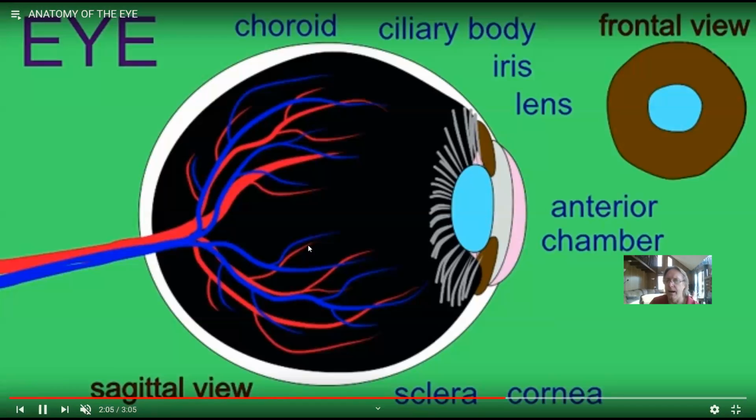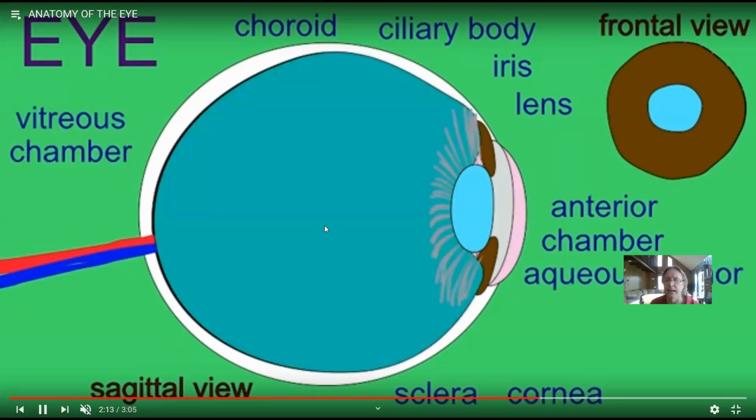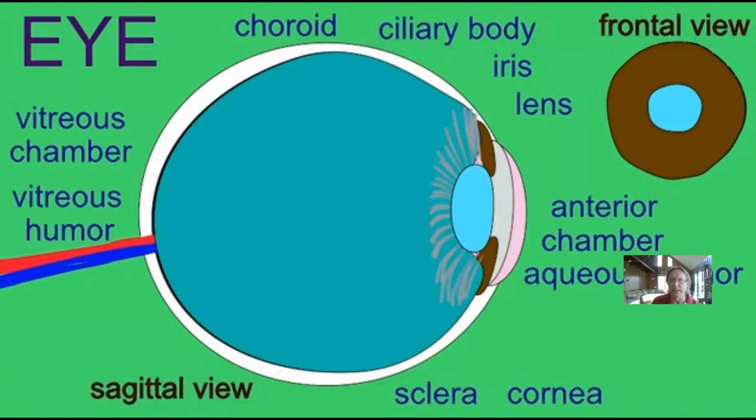Most of the eyeball forms this chamber known as the vitreous chamber that's filled with a jelly-like material called the vitreous humor. It's jelly-like, and this helps to maintain the shape of the eyeball.